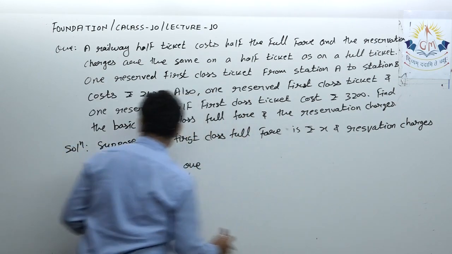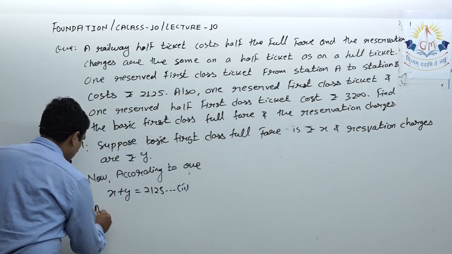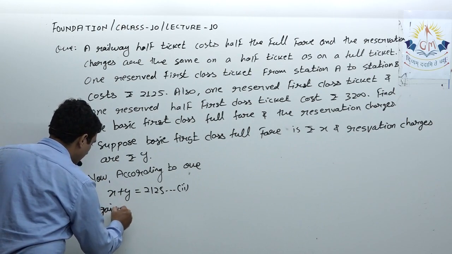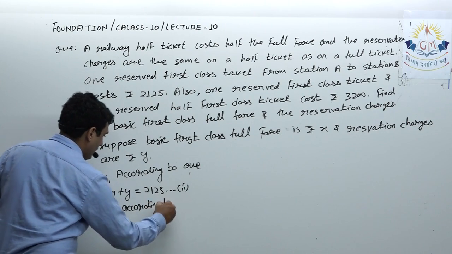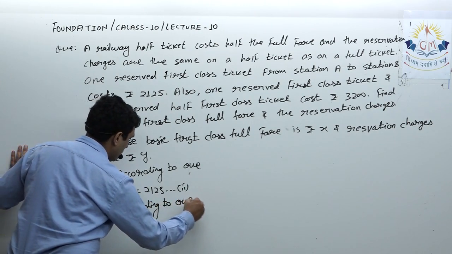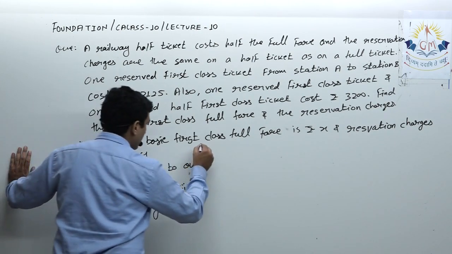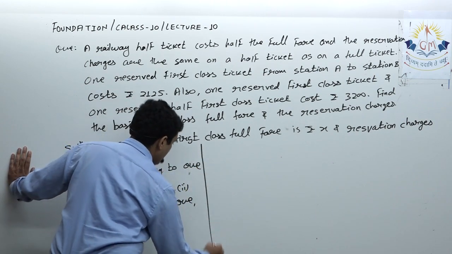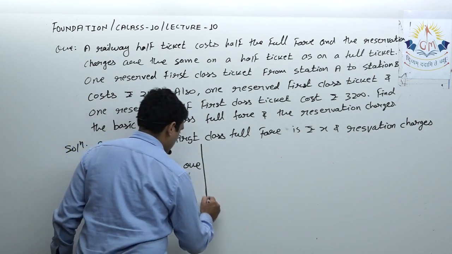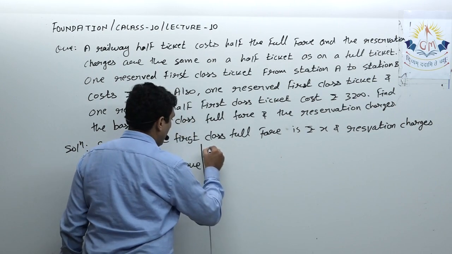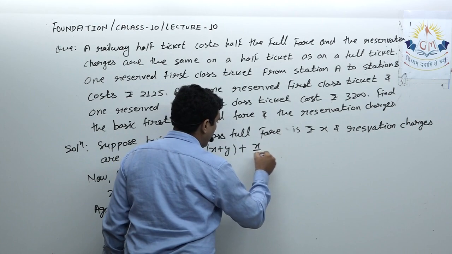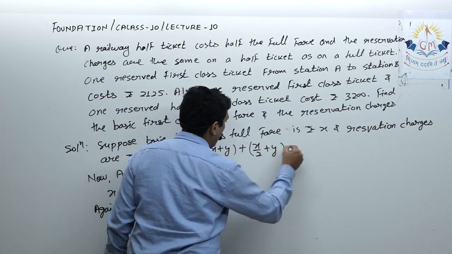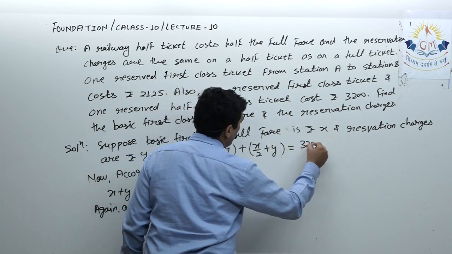Again according to the question, I can write X plus Y plus X by 2 plus Y is equal to 3200.